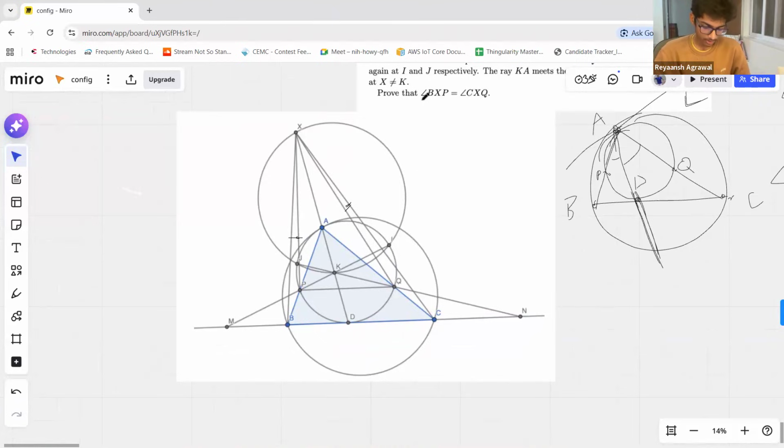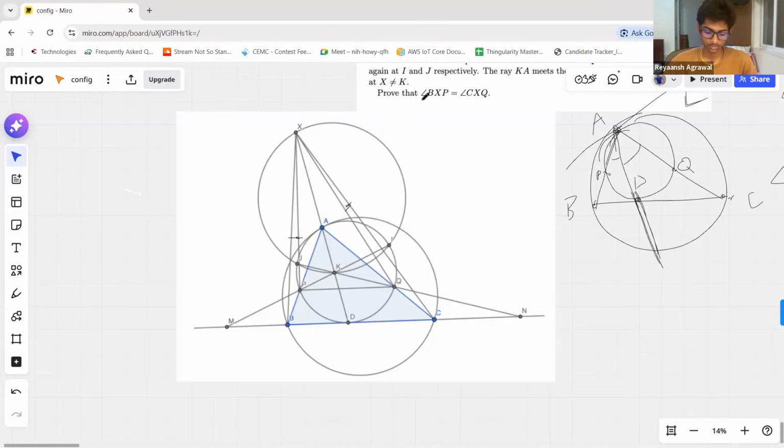For example, how do we handle angle, say, ACM? AICM is cyclic. Why is that?